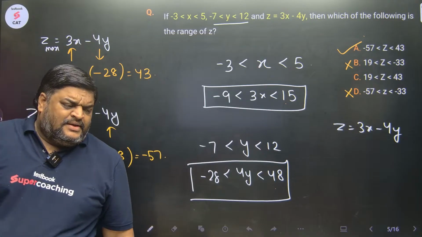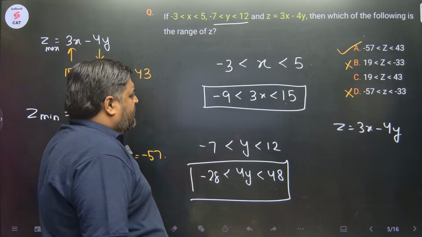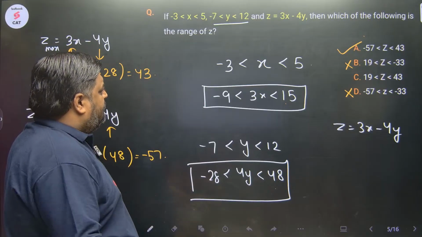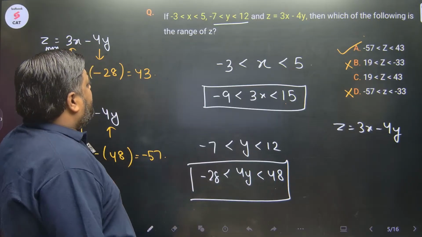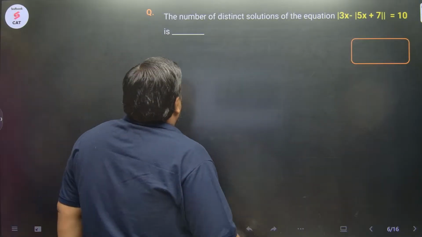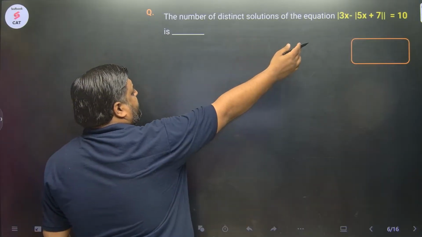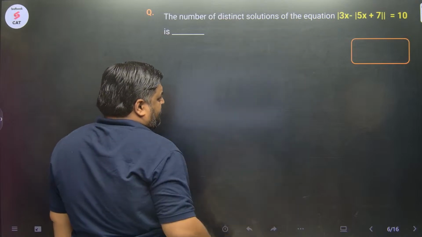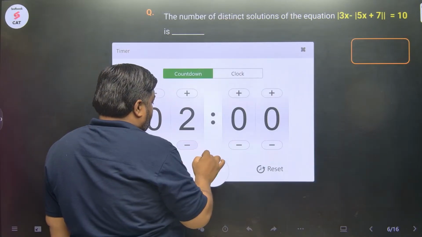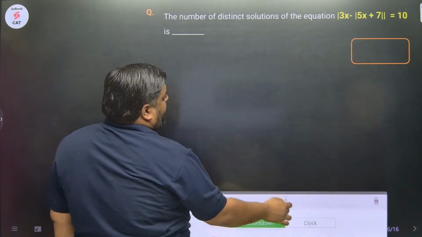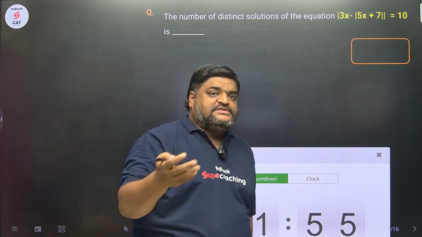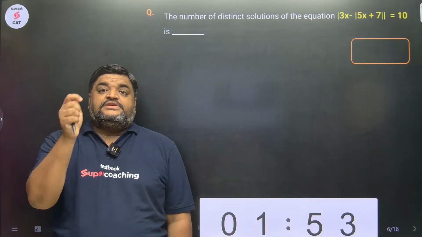Chalo, such a question came in some year back in CAT. So this is not a PYQ, but a similar question. Try this question. The number of distinct solutions of the equation this is how much? I'll give you 2 minutes, and I want you guys to tell me that if it has 4 solutions then what are the solutions as well.